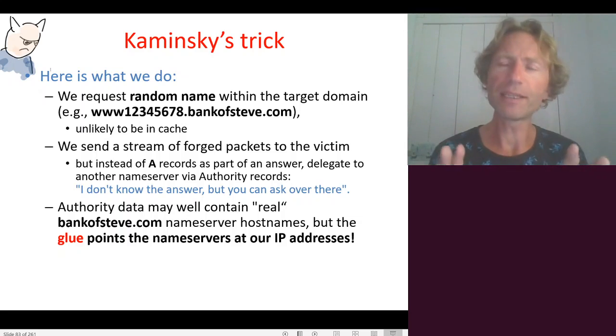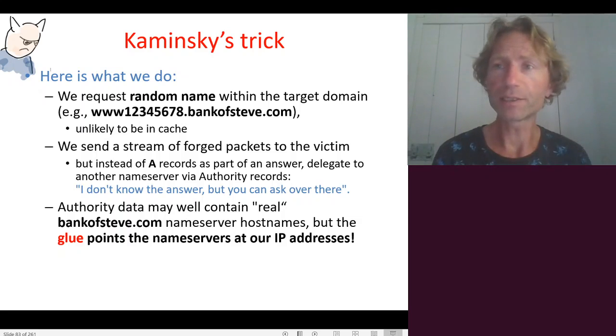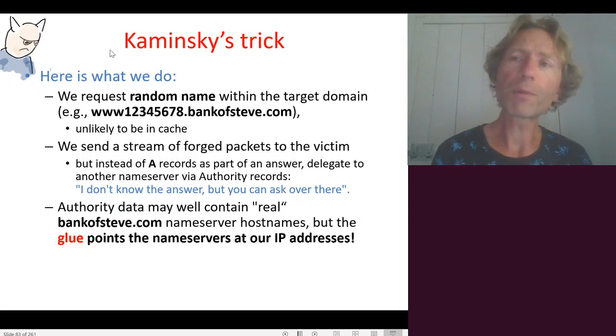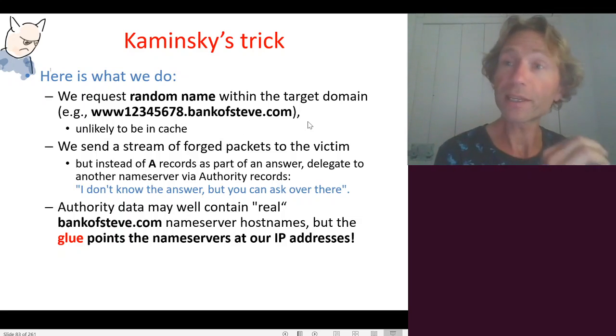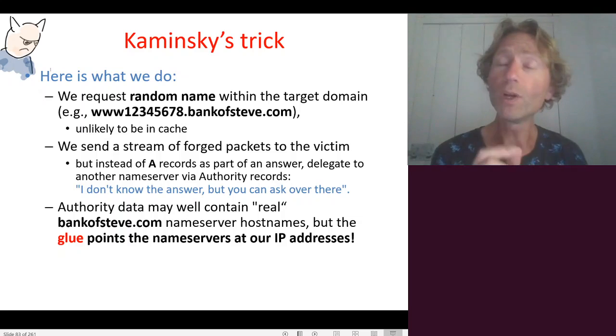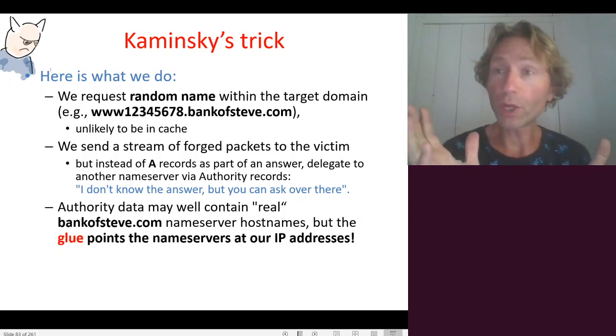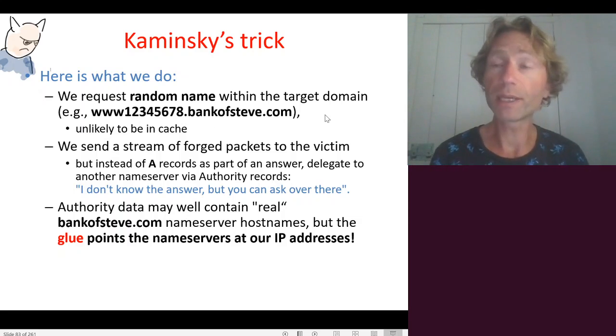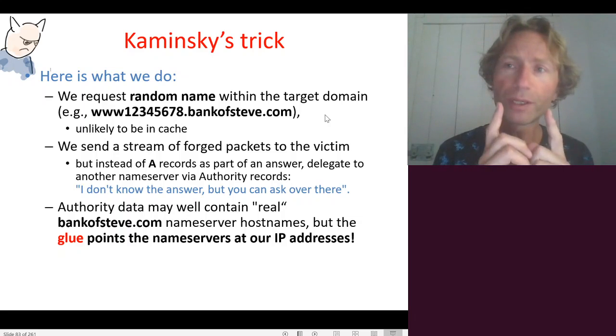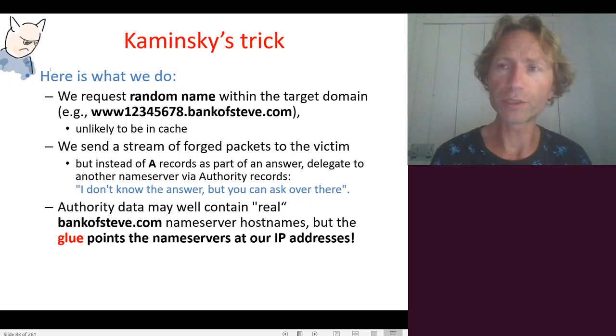Assuming that we get the query ID correctly, that this is not the problem, we reply not with the IP address of the domain we were looking for, but instead we're going to reply just like in the previous example. We're going to reply saying we don't know the IP address of this symbolic name, but we can give you the name servers that you should contact.